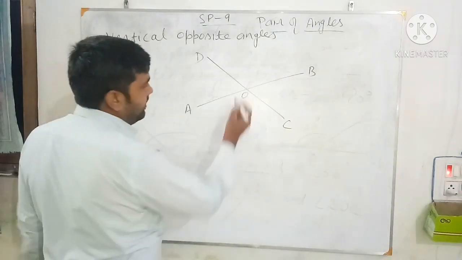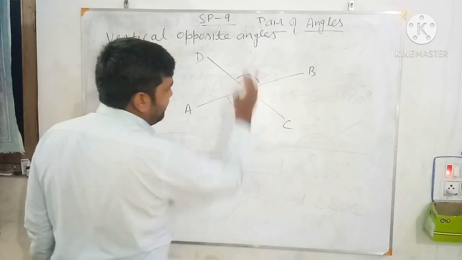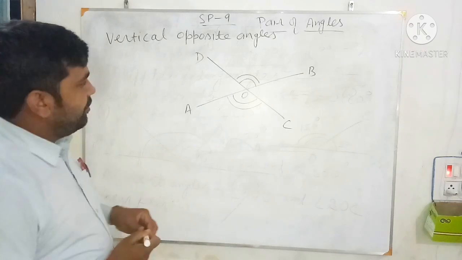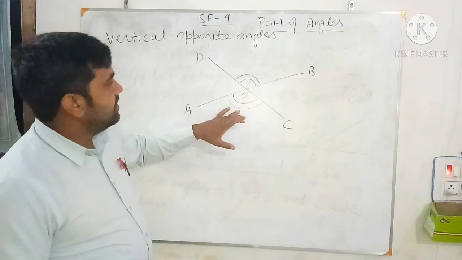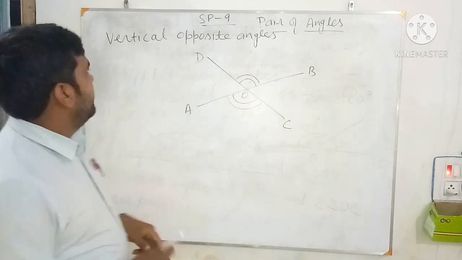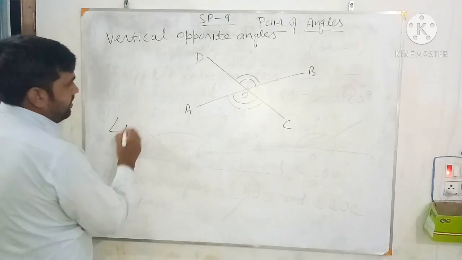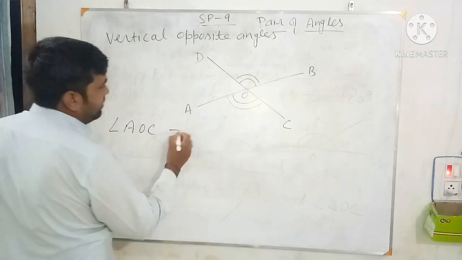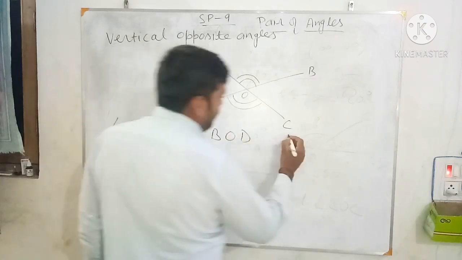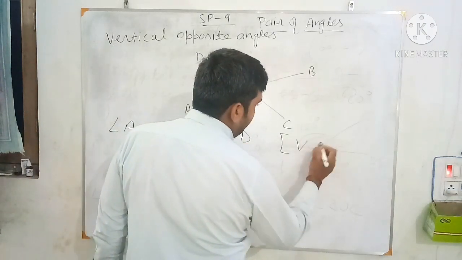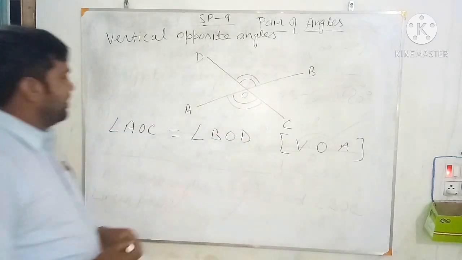See, this angle is equal to this angle. So vertical opposite pairs are always equal. When you find a cross X, the opposite angles are called vertical opposite angles, and these two angles are always equal. Now we can say angle AOC is equal to angle BOD. Reason: vertical opposite angles.